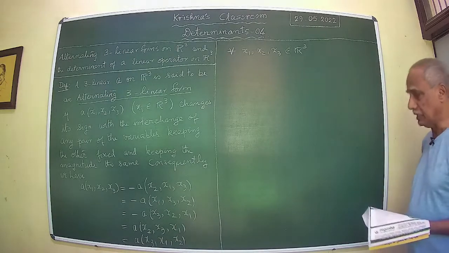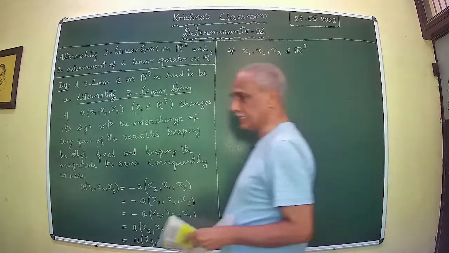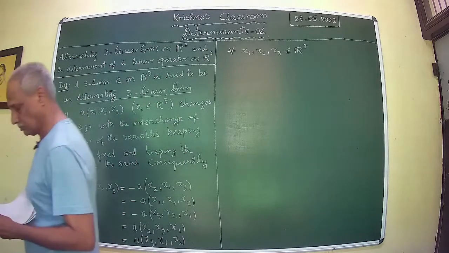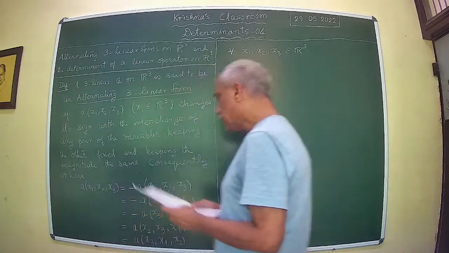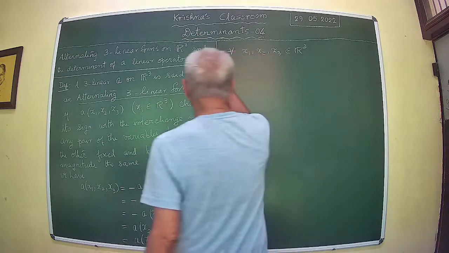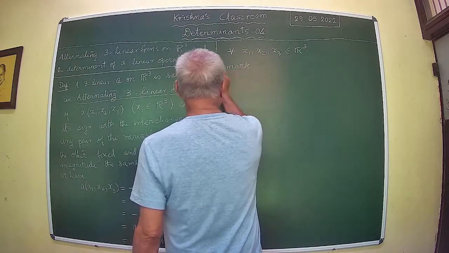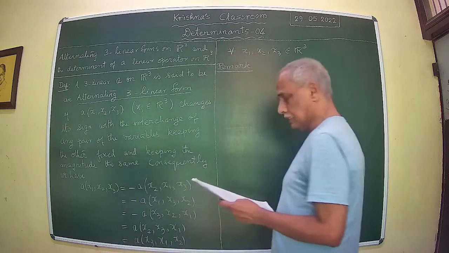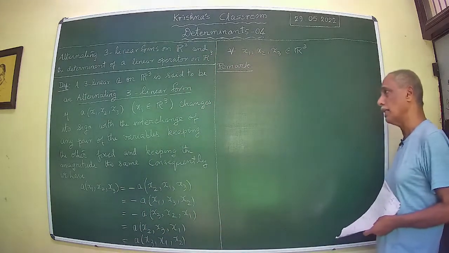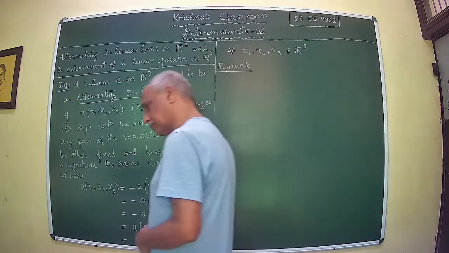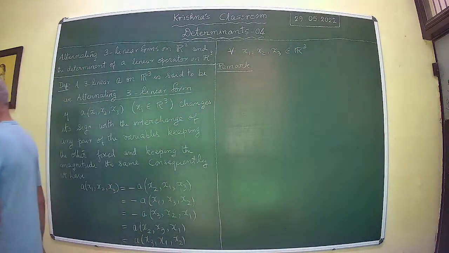So, that defines what is called an alternating three linear form. Now, one of the things that you observe is that one easily observes that the sum of two alternating three linear forms is again an alternating three linear form.